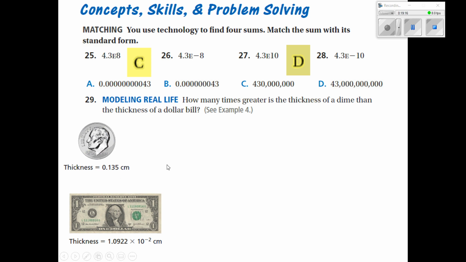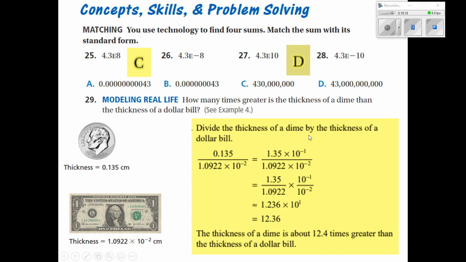So when we're doing this, we're going to divide the thickness of the dime by a dollar bill. We're taking this 0.135 and dividing it by 1.0922 times 10 to the negative 2 power.